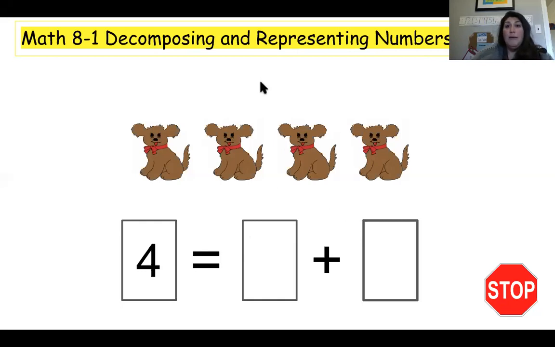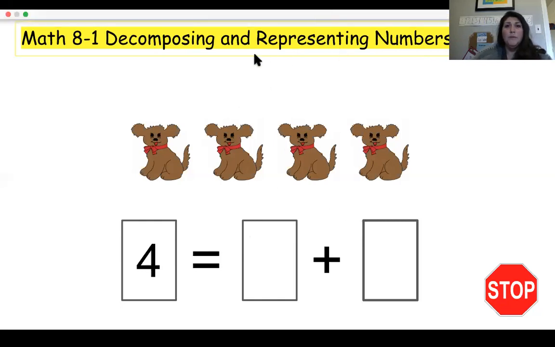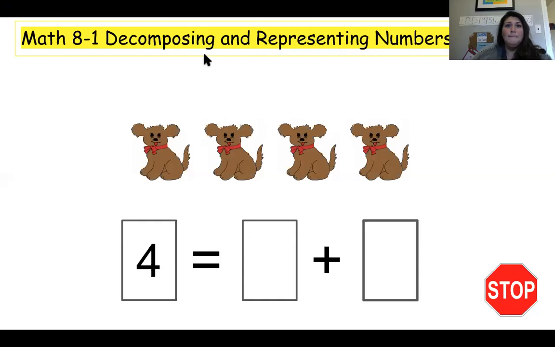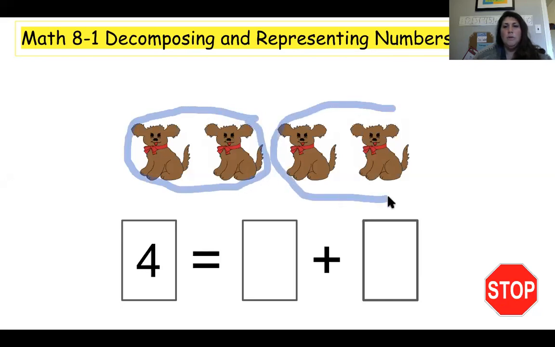I'm going to show you how I might do it. So I might do 2 and 2. So 2 are going to the one house, 2 are going to the other house. So 4 is 2 plus 2. See how I'm taking the whole and breaking it into 2 groups.